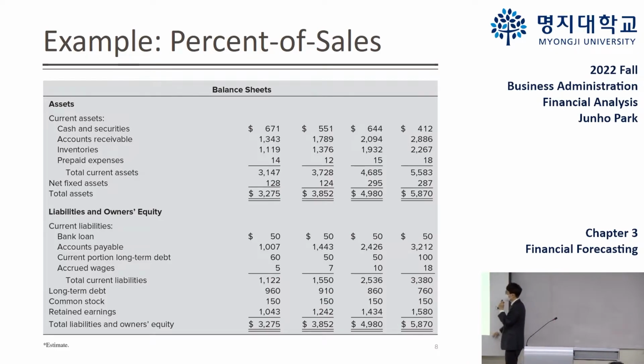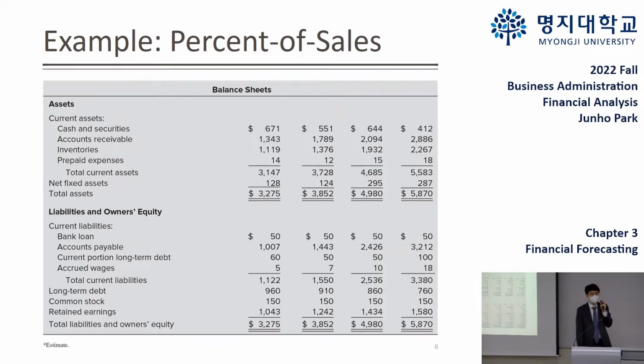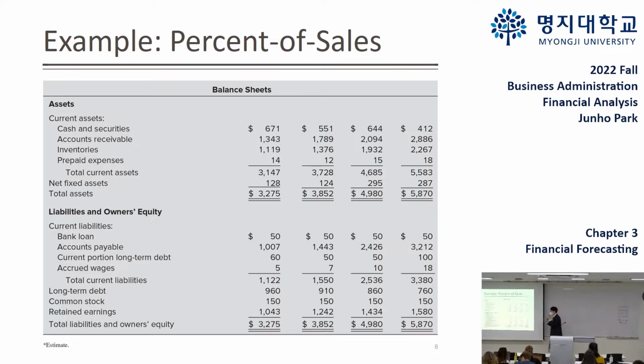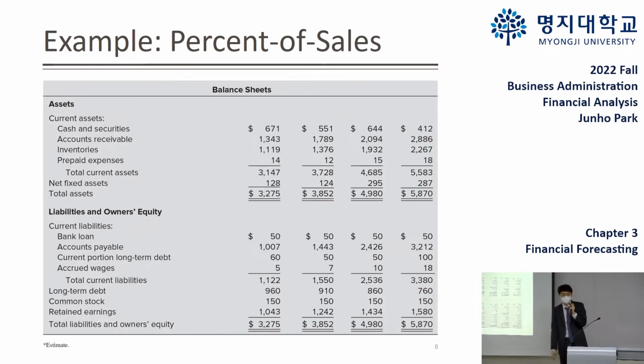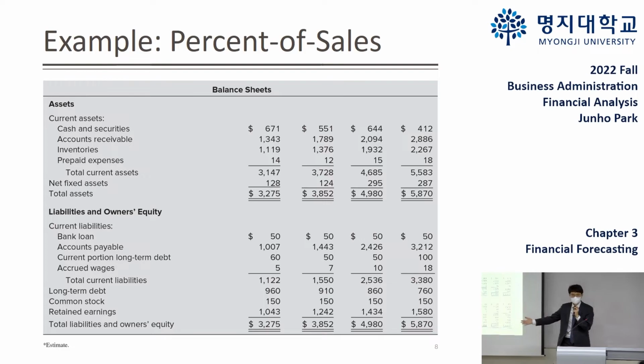And the last item in the asset side is net fixed asset. This is related to your facilities, factories, and your properties. So it is also not related to the sales itself. For example, if you have sales of 100% this year, but if you get a double sales amount in the next year, then maybe you have to install another factory so that you can make more production.